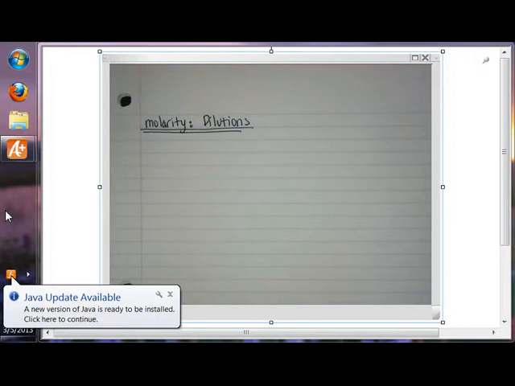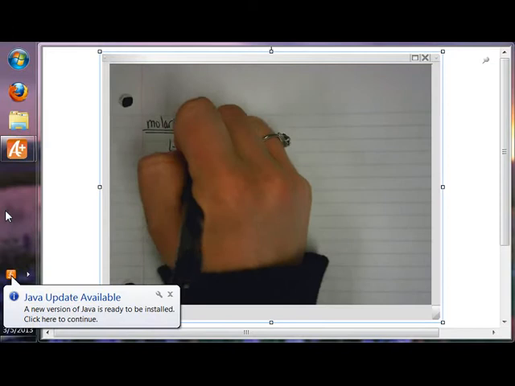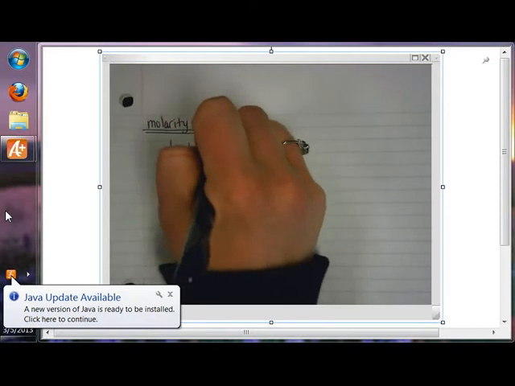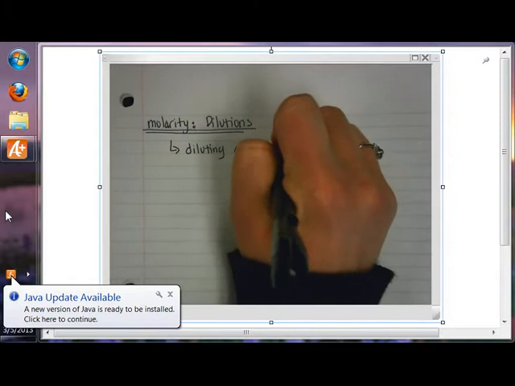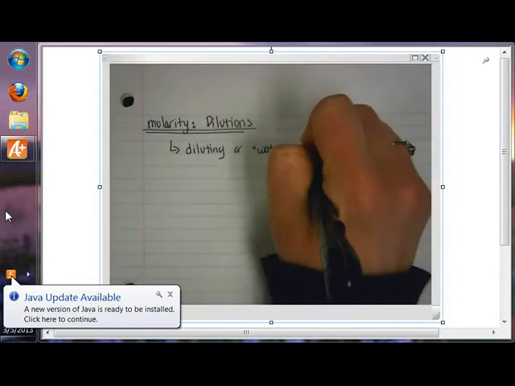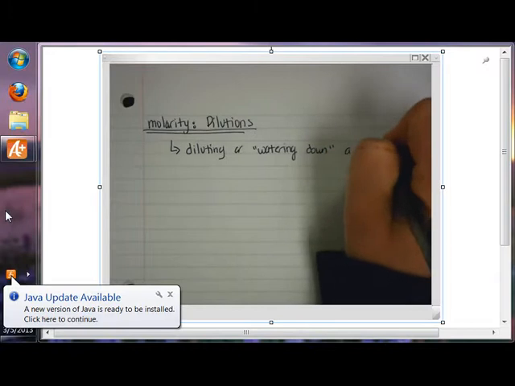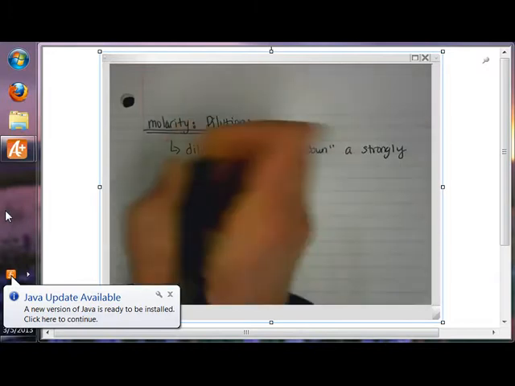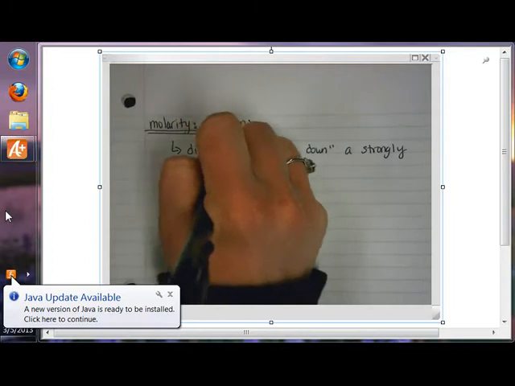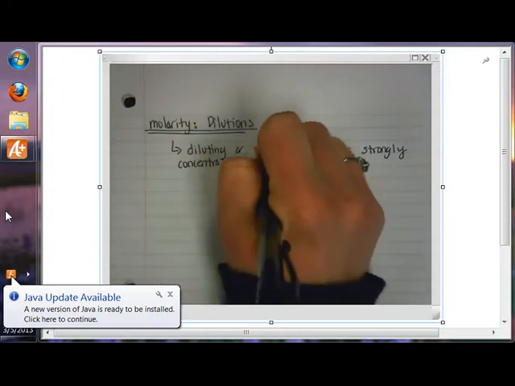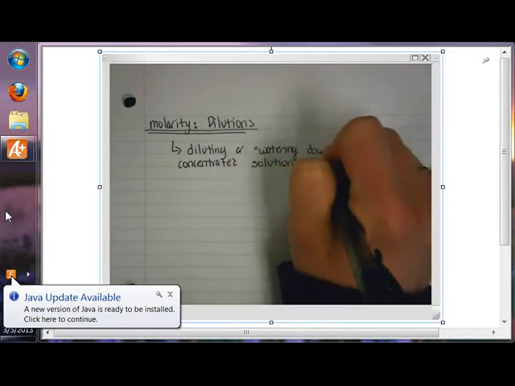So first of all, these notes are going to be regarding diluting, or, quote, watering down, a strongly concentrated solution, also known as a stock solution.